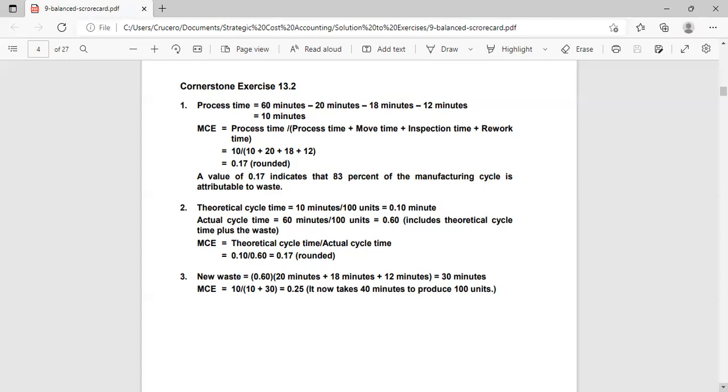For requirement number 2, we compute the theoretical cycle time and the MCE using actual and theoretical cycle time.